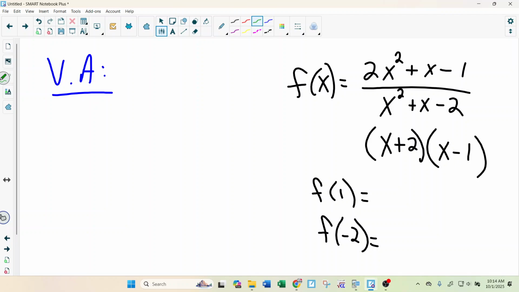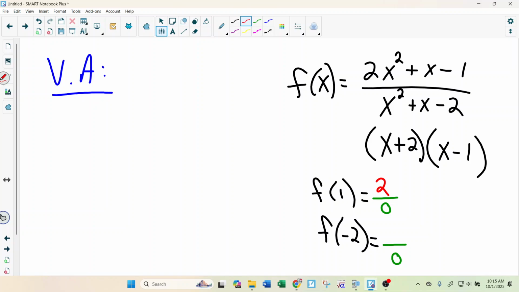So if we plug 1 in, the bottom goes to 0 on both of these. But what happens to the top? So if I put 1 in the top, I get 2 plus 1 minus 1, which would be 2. And if I put -2 in there, what do I get? Do I get 0, I guess is the question. No, I don't.